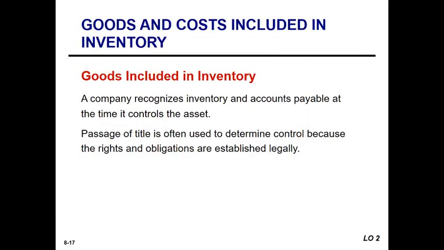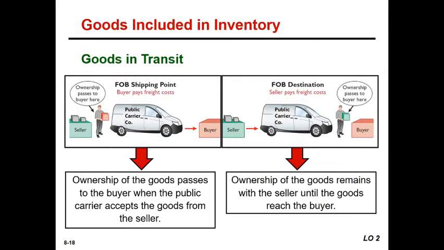So, when we're thinking about that, we need to look at what point in time the passage of title occurs, because passage of title doesn't always occur when you physically take control of a good. One of the things that you might want to think about is the FOB, where goods pass title in transit.